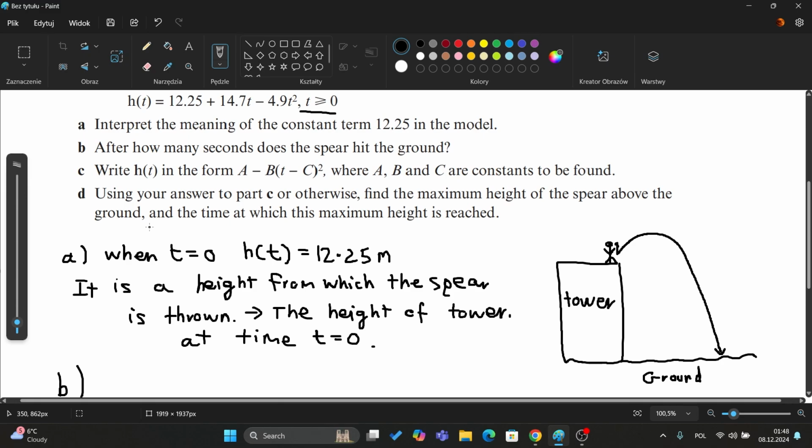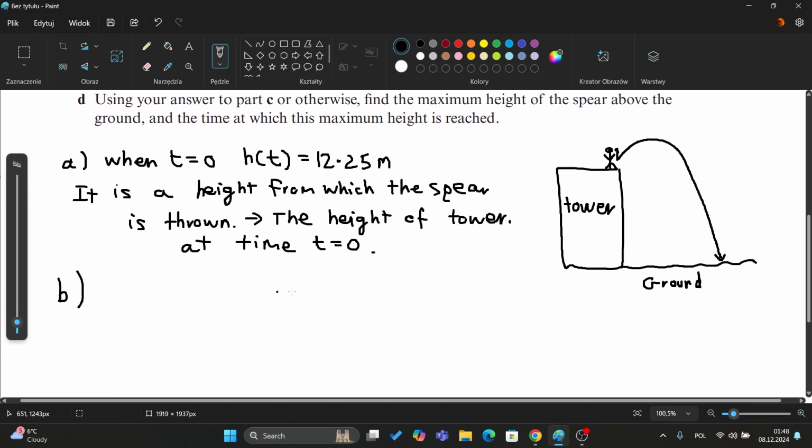Now for part B. After how many seconds does the spear hit the ground? Basically this is when the height will be 0. So we have 0 meters over here, 12.25 meters over here. When we have 0 meters, that's when we hit the ground.